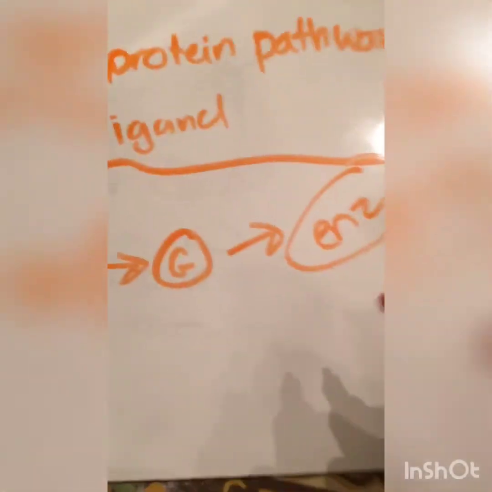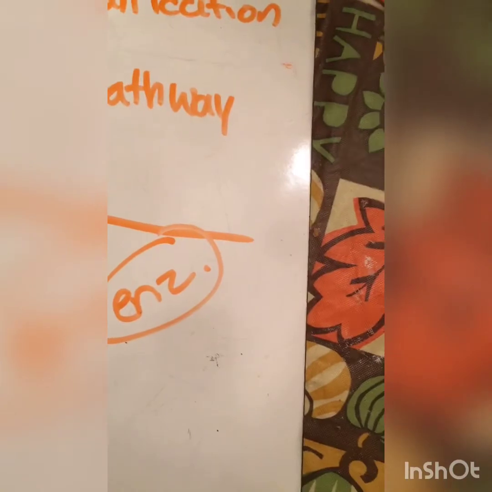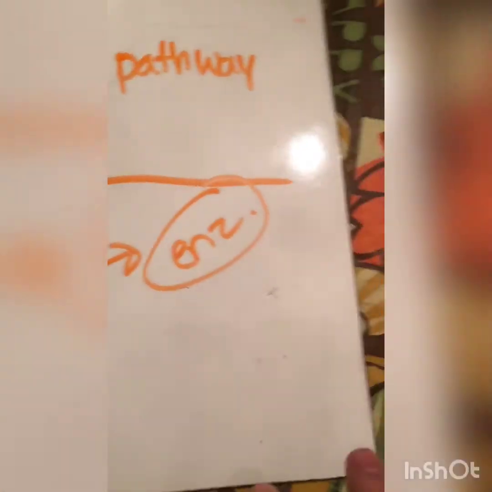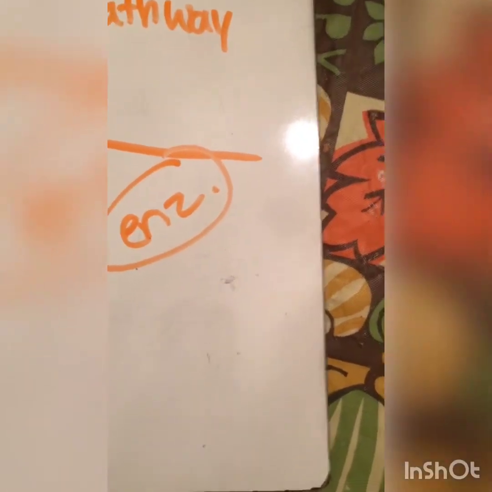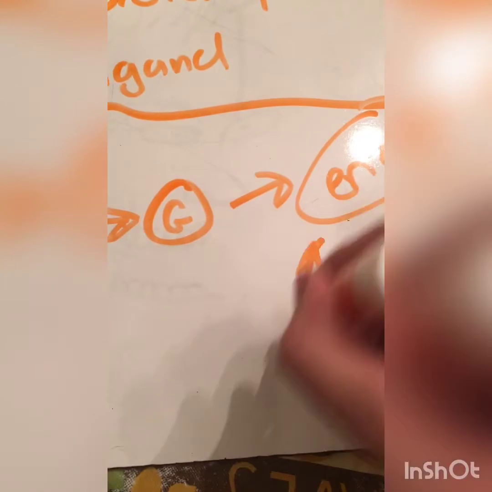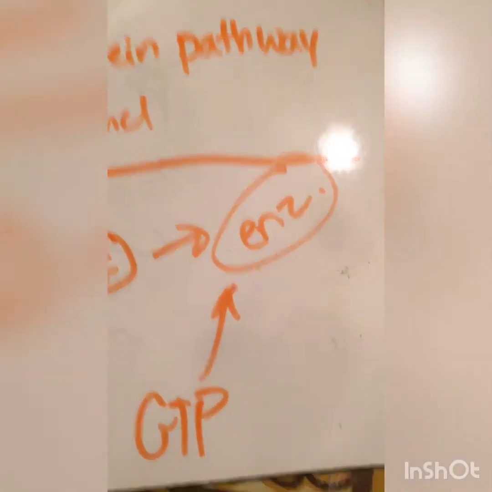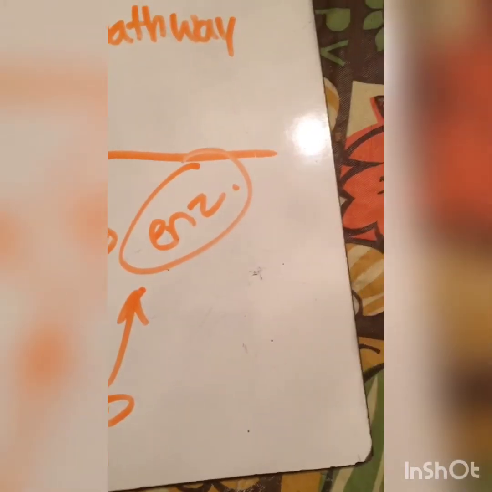Now, this will usually be GTP, and then this GTP is mostly used to turn on or off functions within the cell.